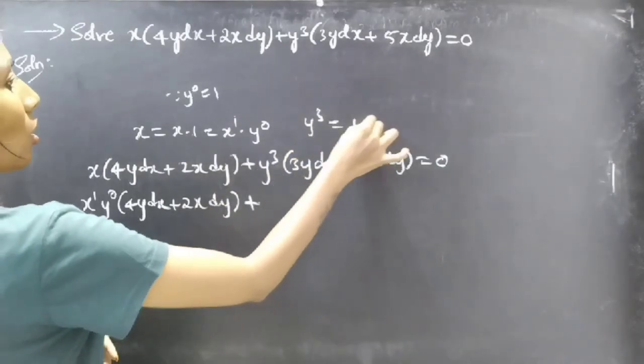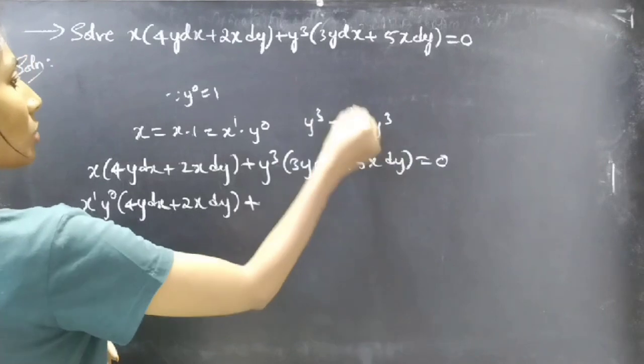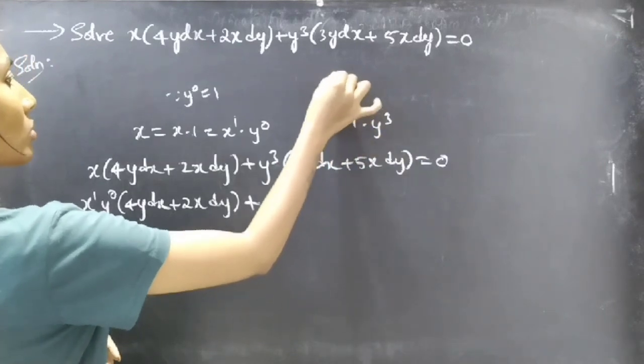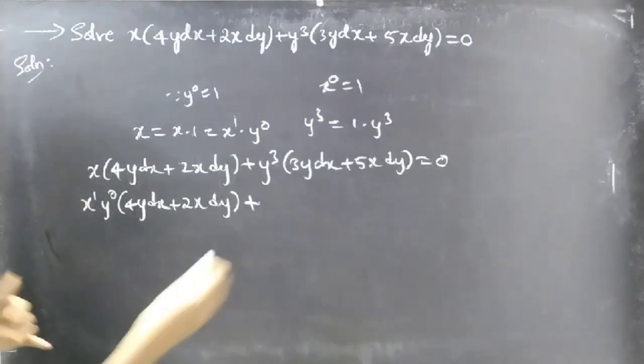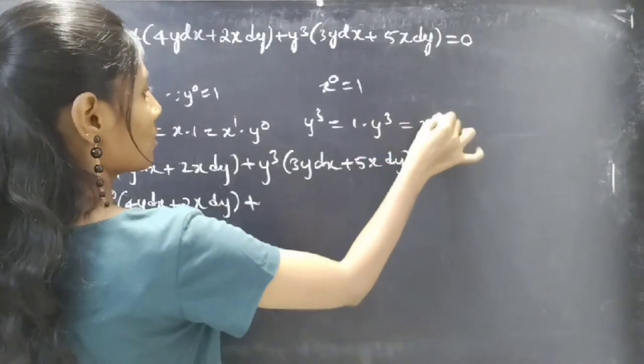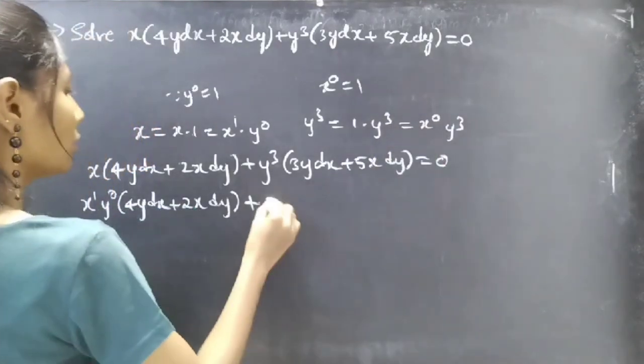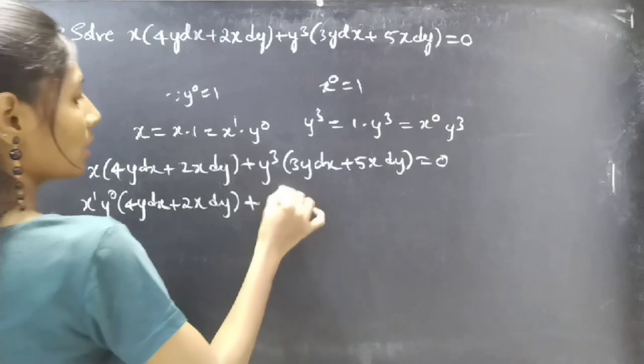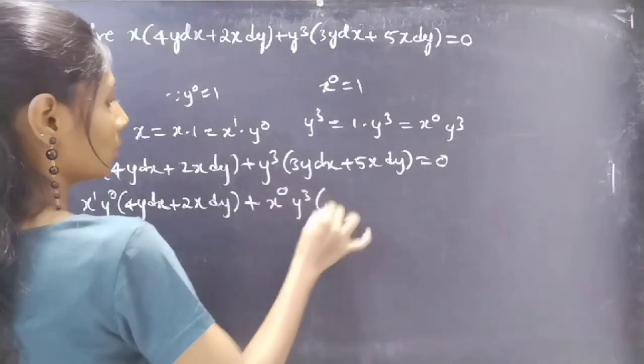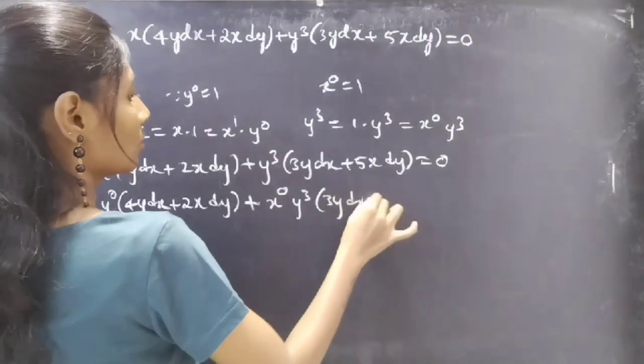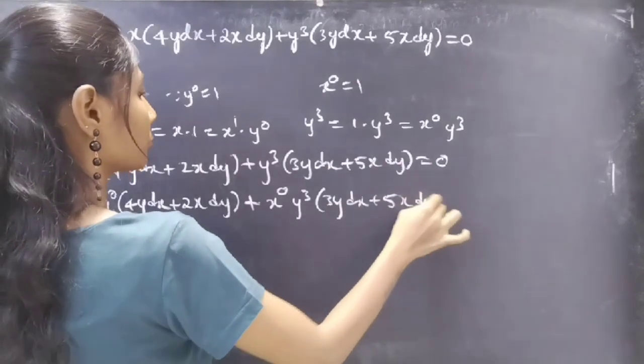Y cube as 1 into y cube. Just replace this 1 by x power 0, since x power 0 equal to 1, so that you'll have two variables here, x and y, right? So just write y cube as x power 0 into y cube into terms under brackets.